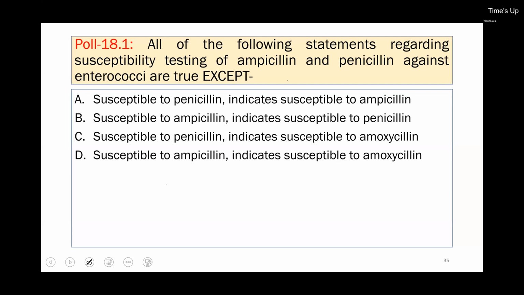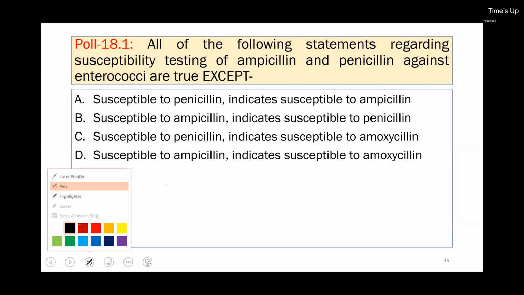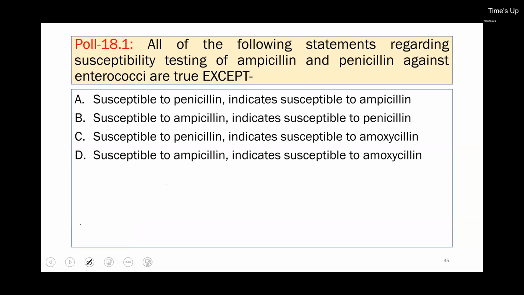The first question is: all of the following statements regarding susceptibility testing of ampicillin and penicillin against Enterococcus are true except. The options are: if you get susceptible to penicillin, you predict the susceptibility of ampicillin. Second, if you get ampicillin susceptible, you predict the susceptibility of penicillin.